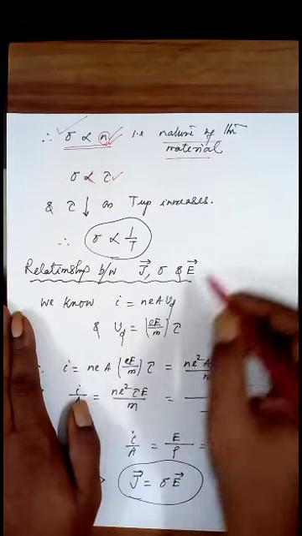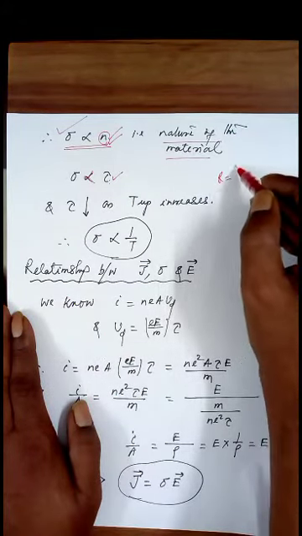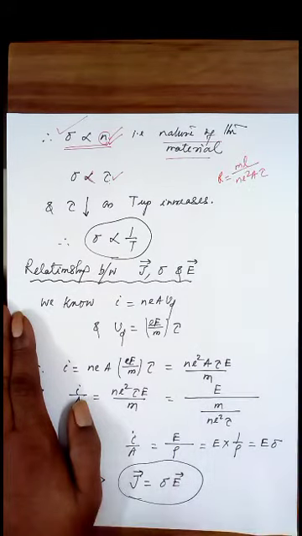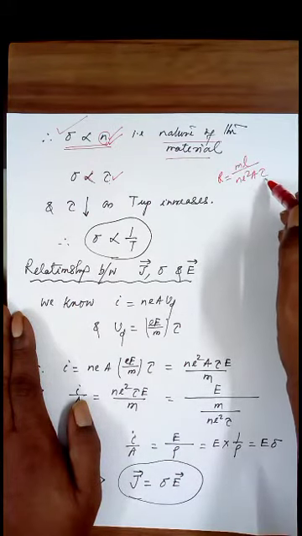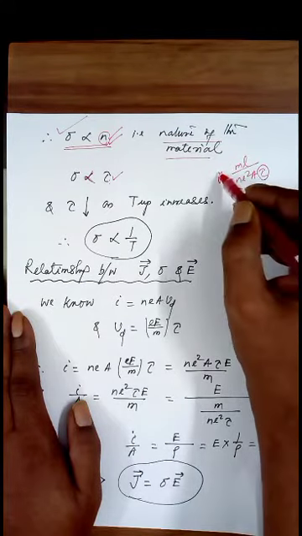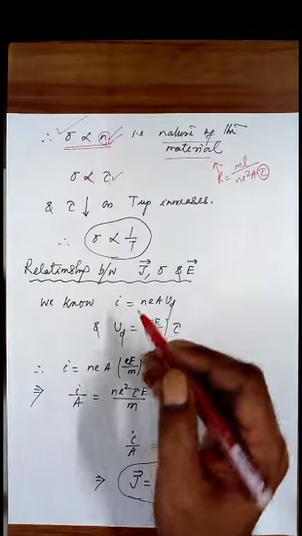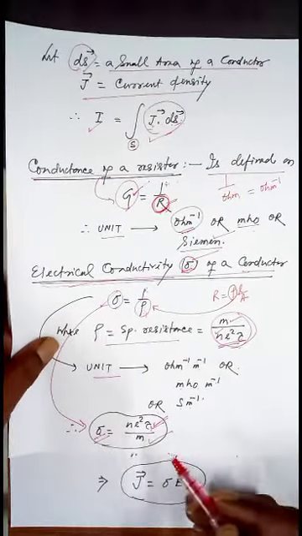In the last lesson we had derived R equal to m l over n e square A tau. If you heat a conductor, the electrons move faster, so the collision time becomes less, tau decreases, and therefore R increases. In the expression for sigma, tau is in the numerator, so tau is proportional to sigma.